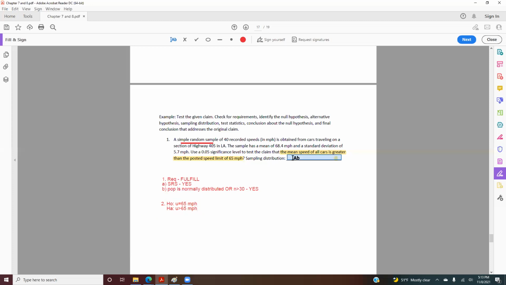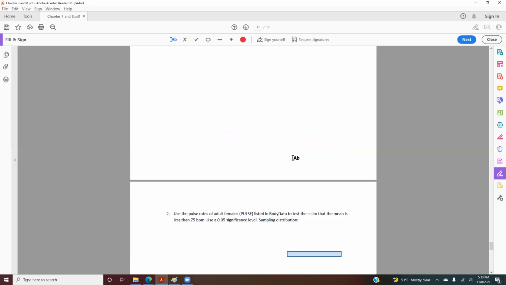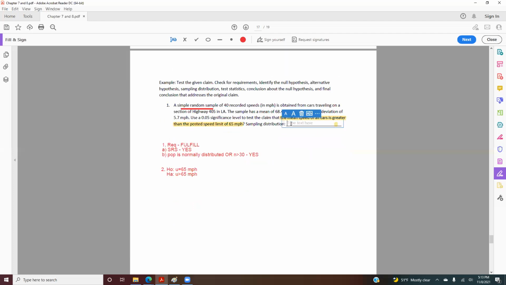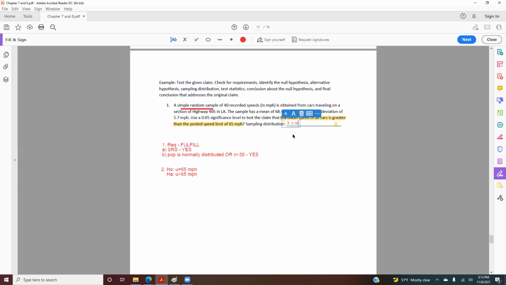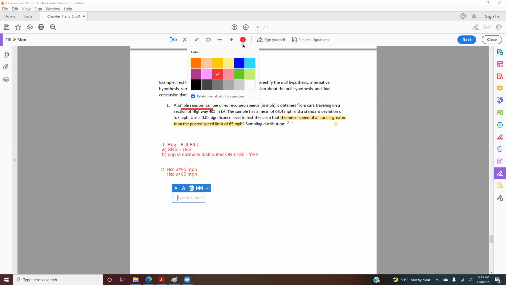The third one is your sampling distribution. So what is your sampling distribution in this case? Is that a Z or a T? T. This will be T because it's mean, so we will use T in this case. Next, we're going to talk about doing your StatCrunch here.